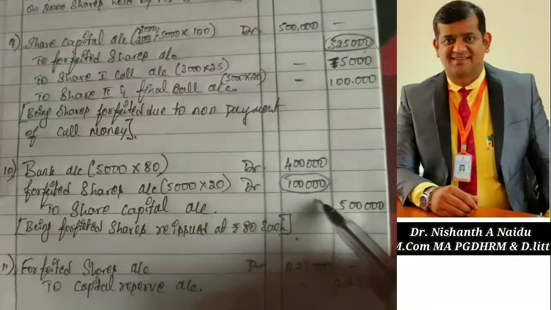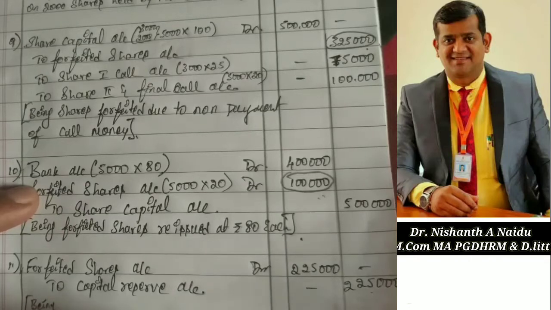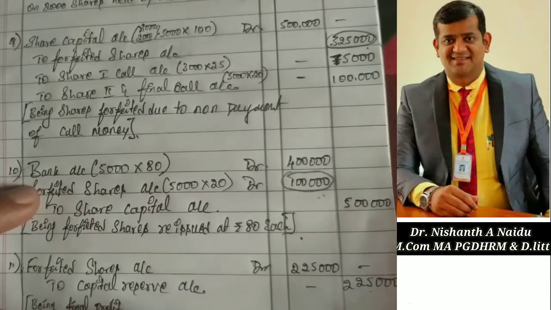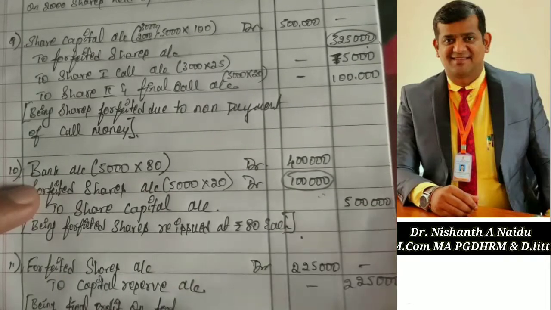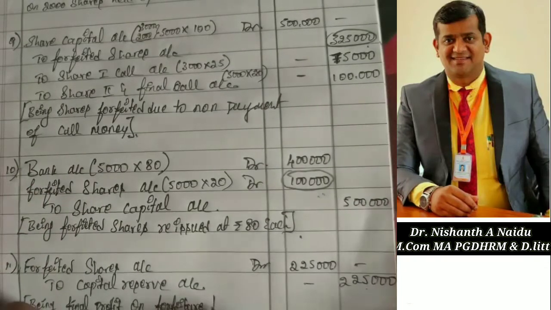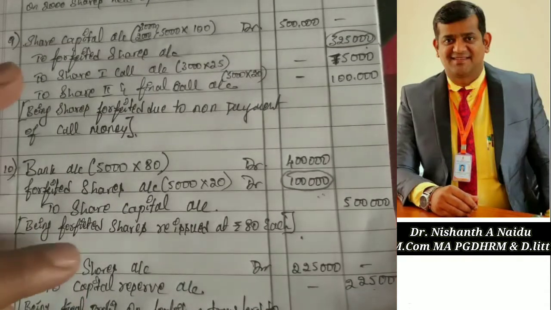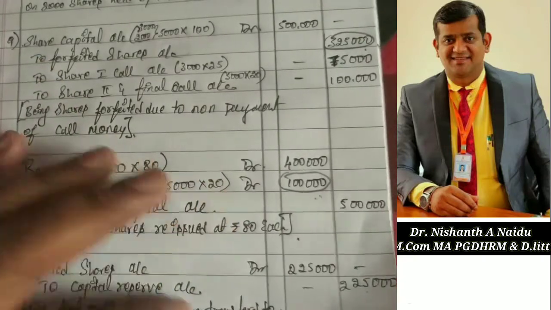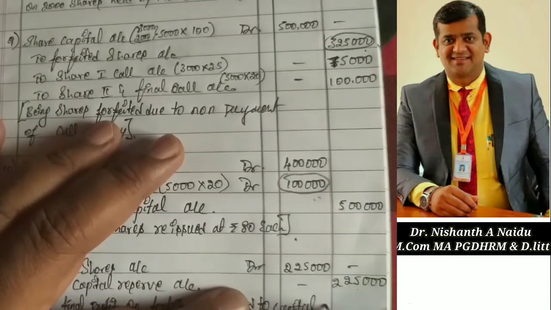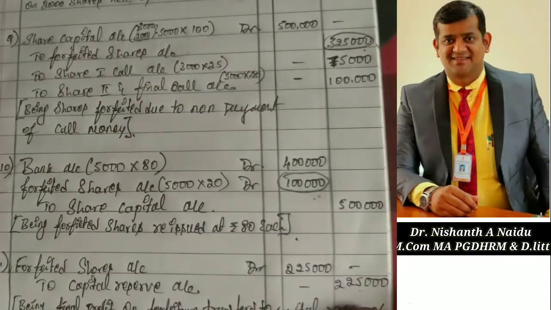Open the bracket and write being final profit on forfeiture transferred to capital reserve account. Okay, so we are done with the journal entries.